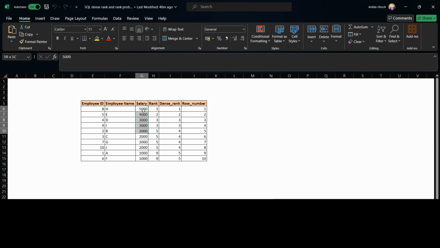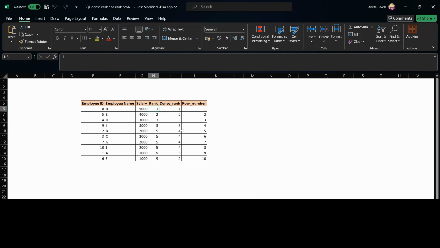And if you look at the salary range, it's 5,000, 4,000, 3,000, 3,000, and 2,000. Now, a very commonly asked question here is why is B included here, whereas B, C, G, and J, all of them are receiving the salary of 2,000? So why not all of them are included here? Again, it depends on your use case.